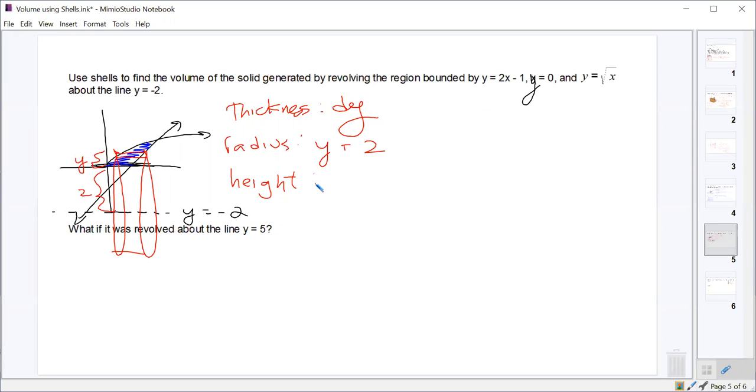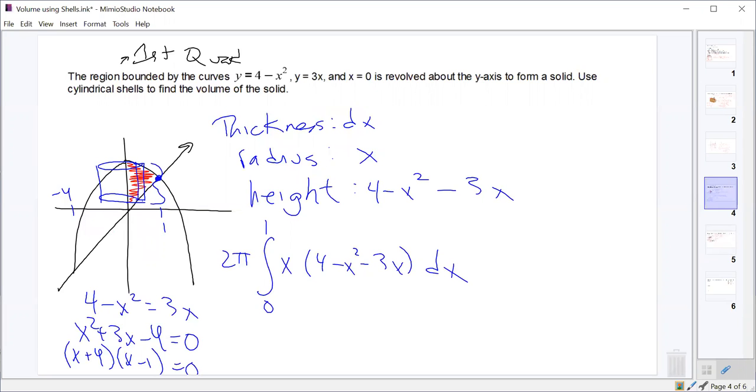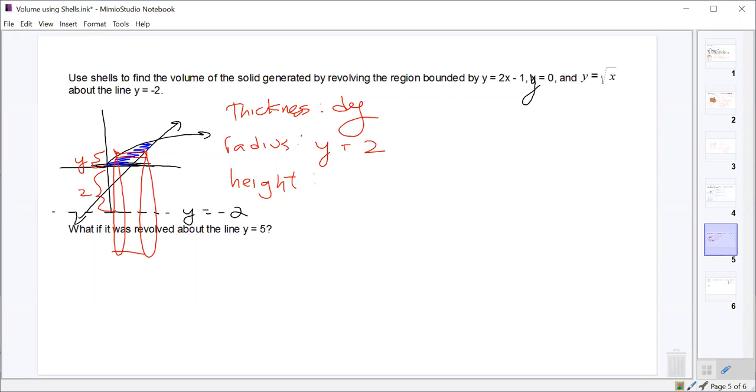All right, now what is the height? Just like in the previous one, the height was the vertical distance between the two functions. Well, in this case, the height is now the horizontal distance between the two functions, right? So I need to figure out, this is x, we'll call it x2. This we'll call x1.